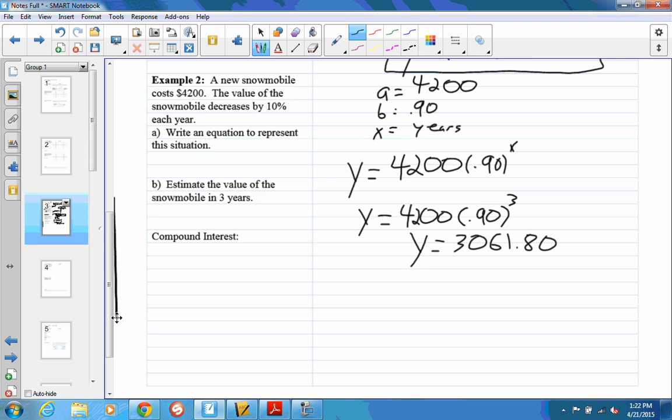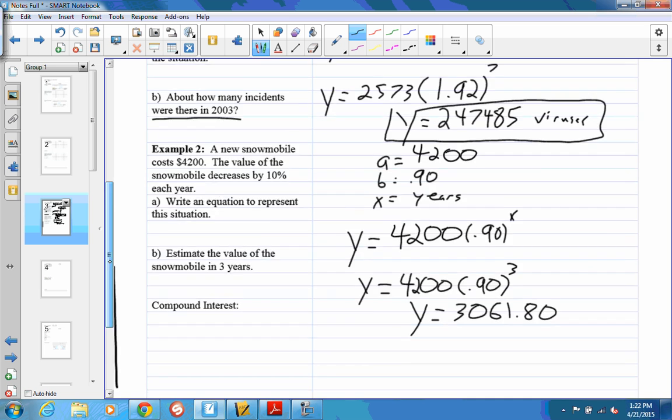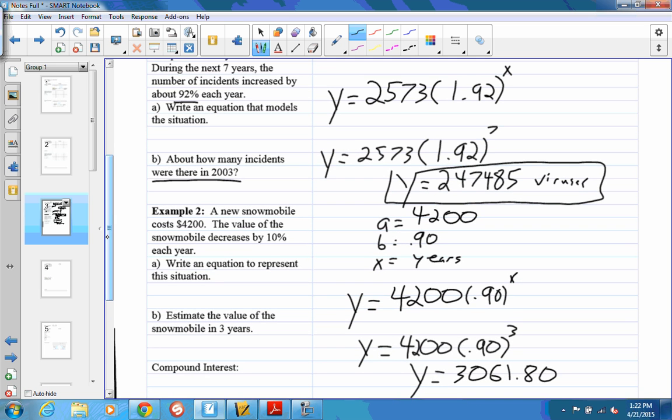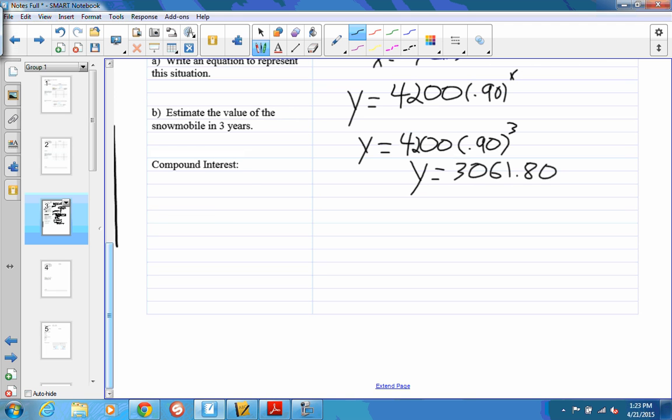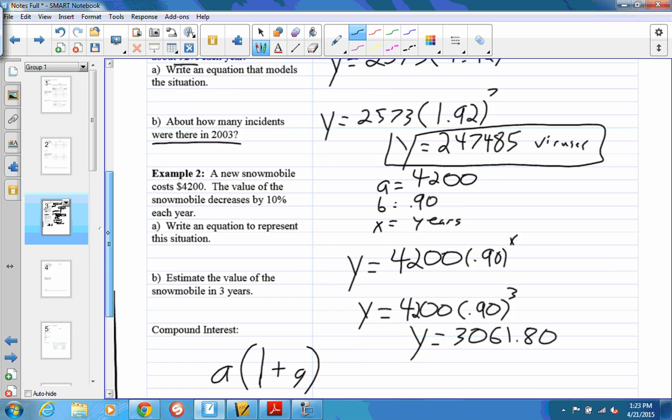Good question. Why did I add 1 here, to my 0.92? Why did I not add 1 here? I actually took it away from here. If you wanted to think about this, A, and then your B term is always 1 plus your growth rate, so 1 plus G. It's always 1 plus.